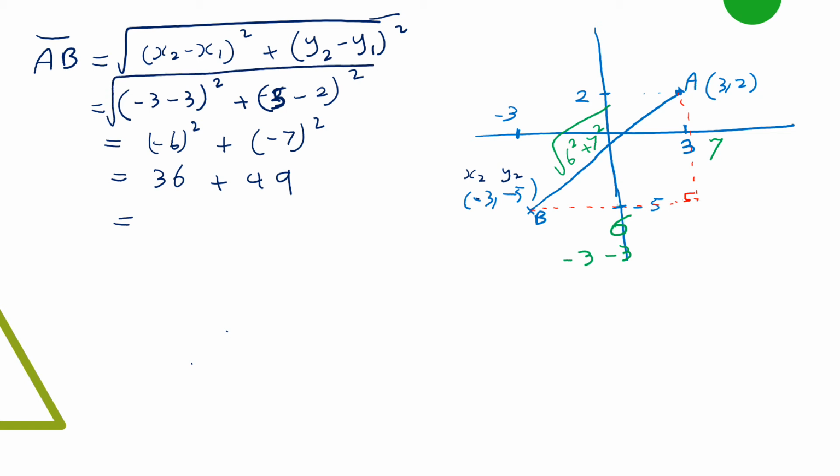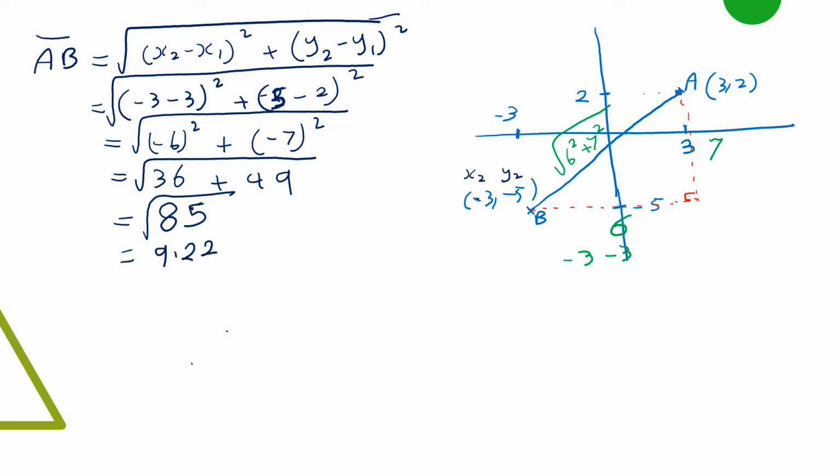And because we're going to put all that under the square root, as we have not found the square root yet, 85. Now the square root of 85, you can just find that in the calculator. 9.22.